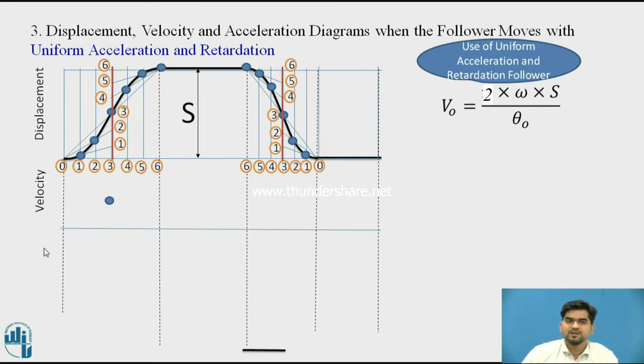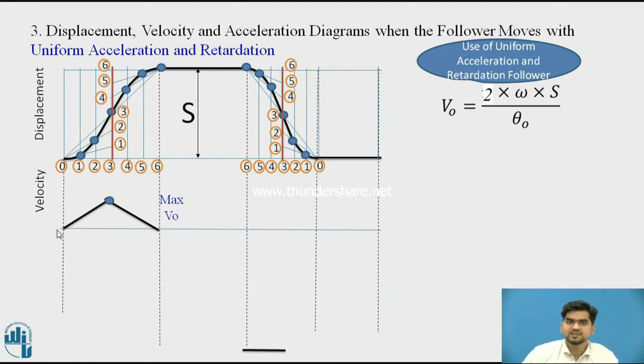At the middle of the stroke we get the maximum velocity for the outward stroke. So here we are getting the maximum velocity, mark here. So we have to draw this line.